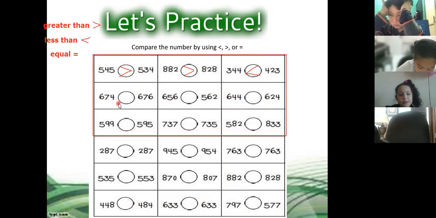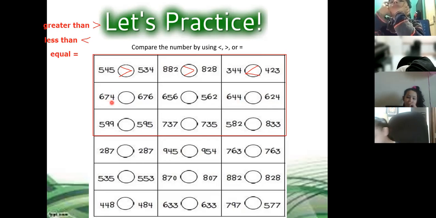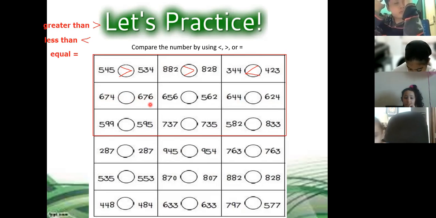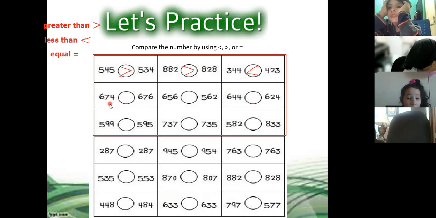674. Excellent. 676. 674 is greater, less, or equal than 676. Here you have it, greater, less, or equal.